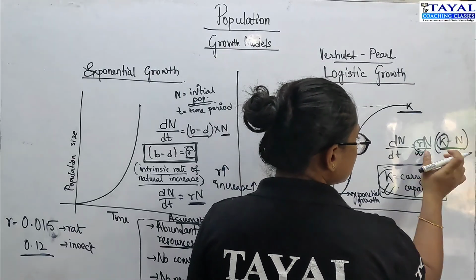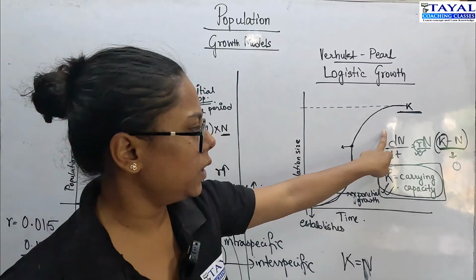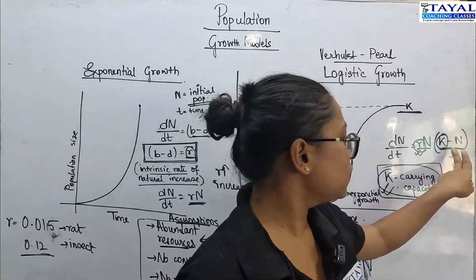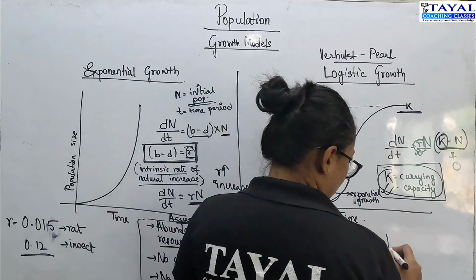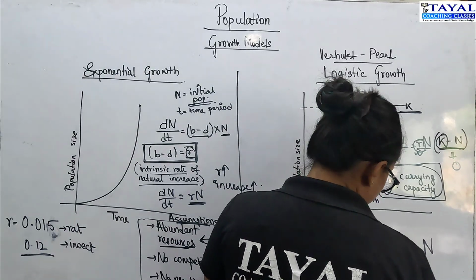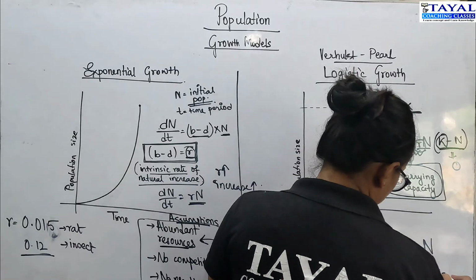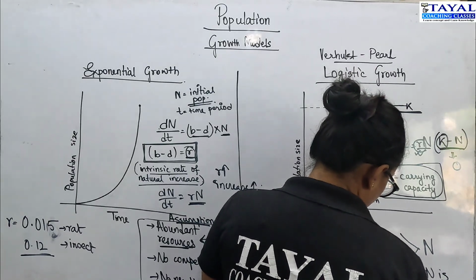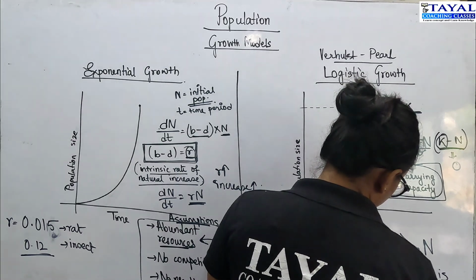The moment it becomes 0, the whole factor becomes 0. So there will be no change over time. Correct? So K should always be greater than N. The closer N is to K, the lower the growth.